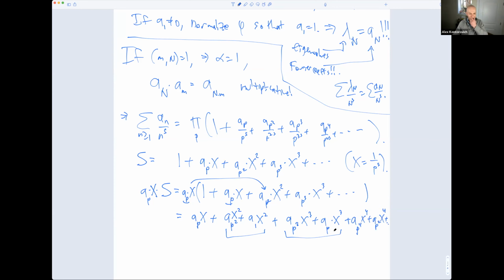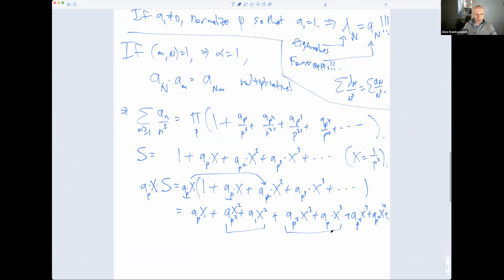Very good. Let me add 1 to both sides, because now I recognize the 1, the a_p x, the a_p squared x squared, the a_p cubed x cubed, the a_p to the 4th x to the 4th, as just S itself.